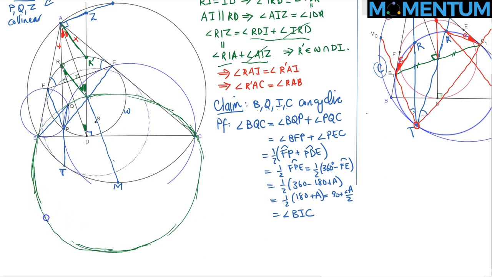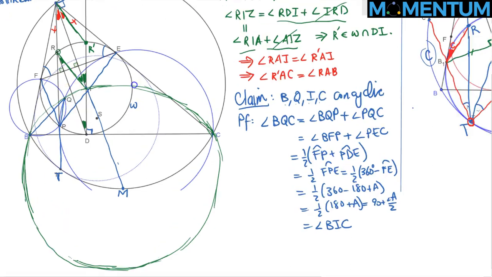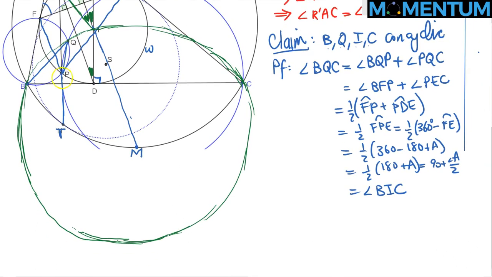Okay, next what I will do is to extend QP. So let's augment the picture a little bit. If you extend QP to meet this circle at say point K, then I have a couple of interesting results.